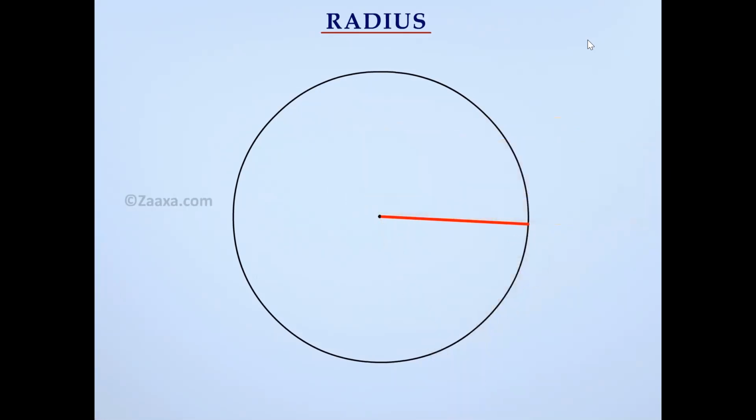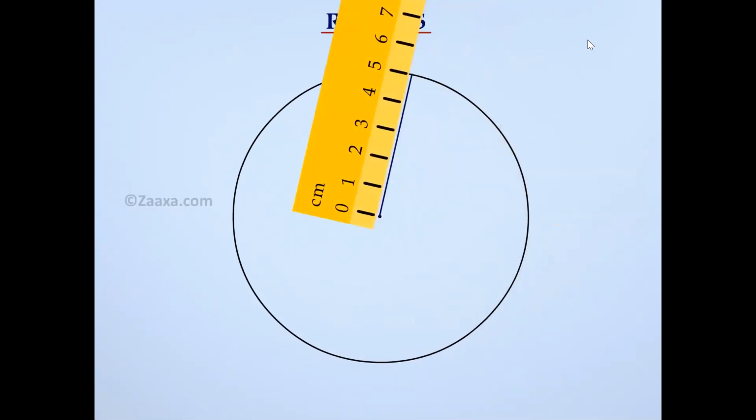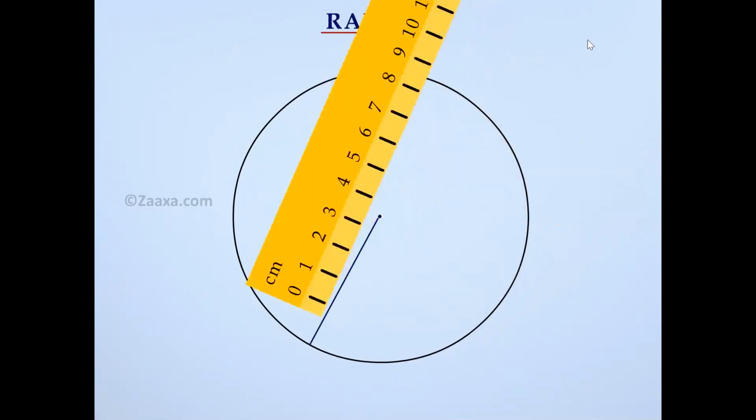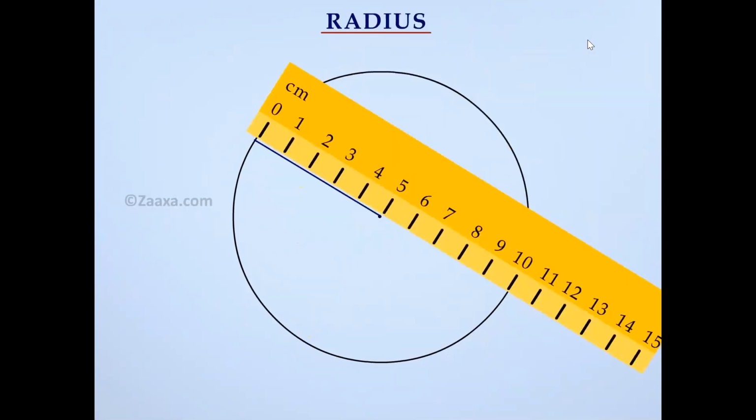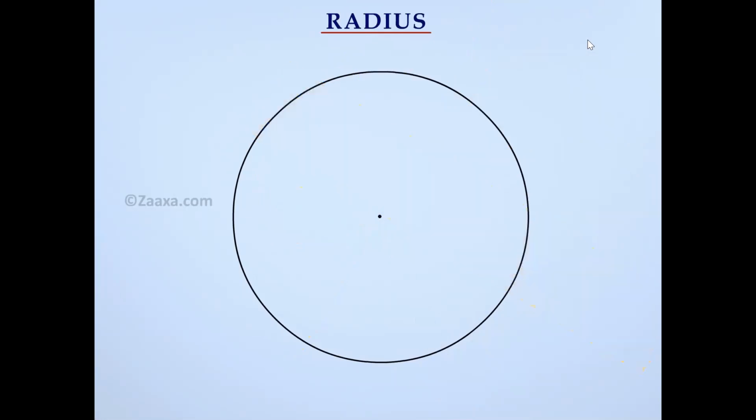If you measure the distance between the center of the circle and any point on the circle, you will notice it is exactly 5 centimeters. We usually denote the center of the circle as O. Let us now mark a point P on the circle and measure OP.